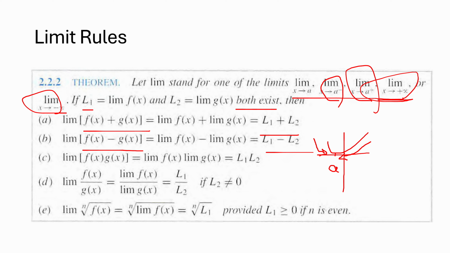And limit of f of x times g of x equals limit of f of x times limit of g of x equals L1 L2, and the same goes for division, only if L2 is not equal to 0, because we can't divide by 0. And limit of the nth root of f of x equals the nth root of limit of f of x equals the nth root of L1, provided that L1 is greater than 0 if n is even.